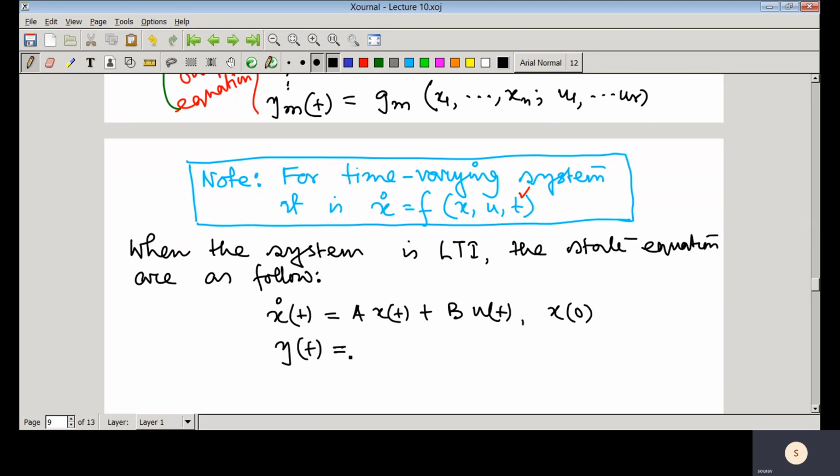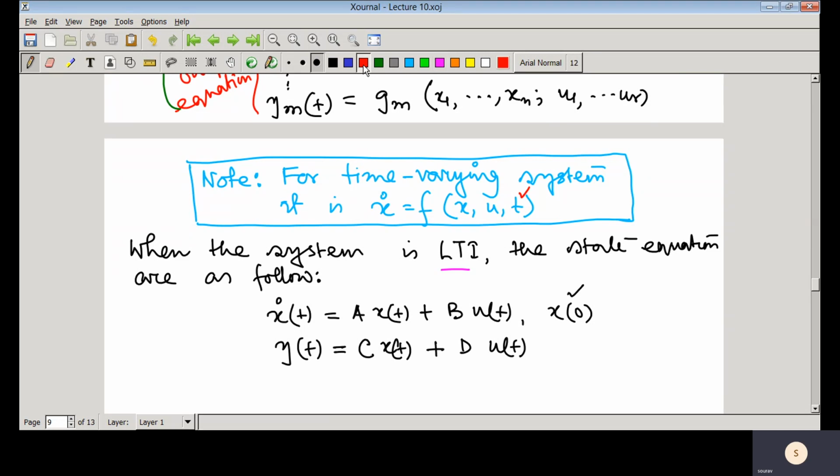Whenever you write a state space equation, do not forget to mention the initial condition, because without the initial condition this representation is incomplete. So this is the representation in matrix form when the system is a linear time invariant system. Now we'll see what its dimensions are.